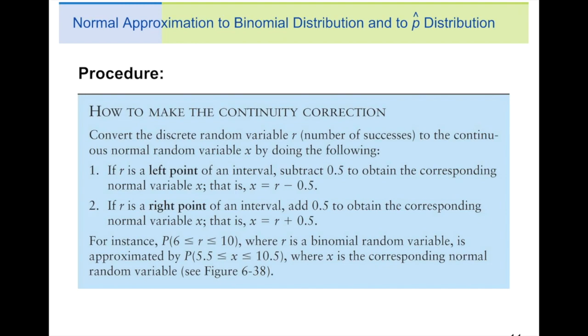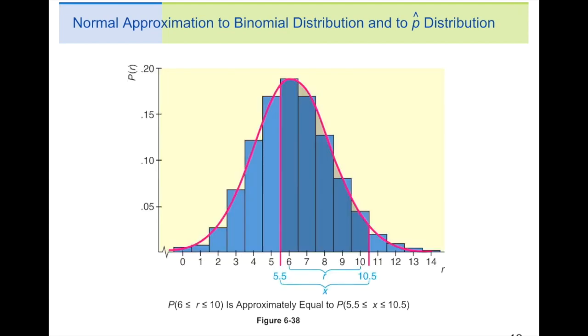For instance, the probability that 6 is less than or equal to r is less than or equal to 10, where r is a binomial random variable, is approximated by the probability that x is between 5.5 and 10.5, where x is the corresponding normal random variable, seen in this figure.